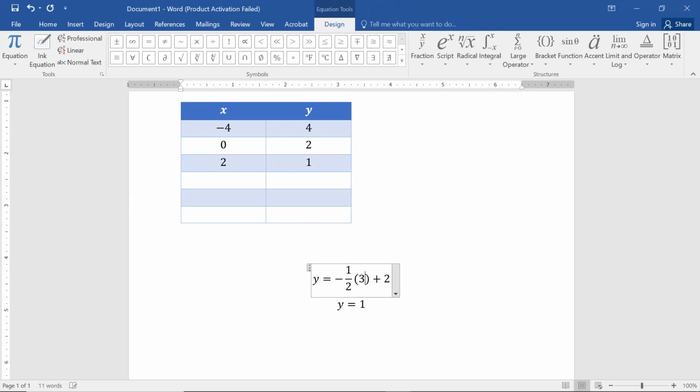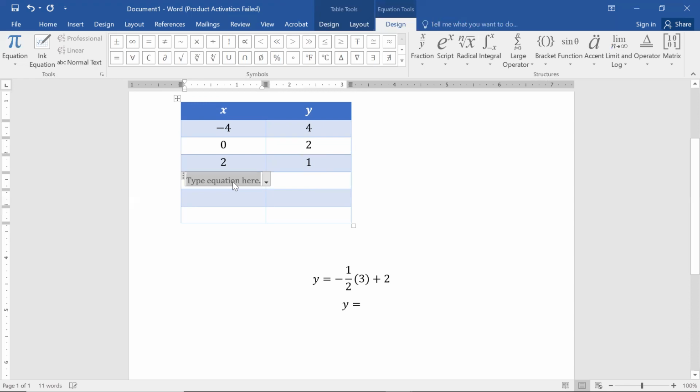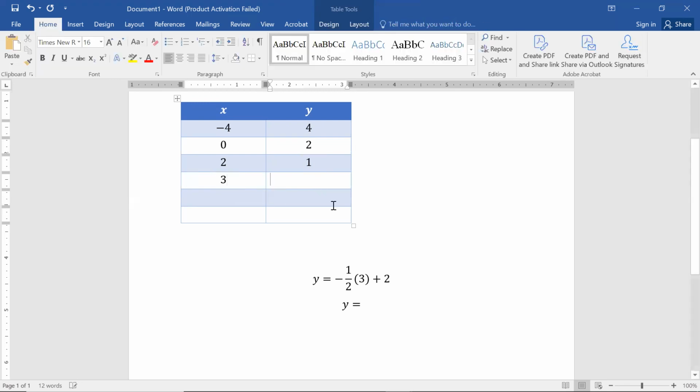If I did plug in an odd number, that's perfectly fine. It's not going to hurt anything. Negative 1/2 times 3 plus 2. So let's plug in the x value of 3. I forgot to write that down. If I plug in an x value of 3, negative 1/2 times 3 plus 2 gives me a 0.5 as my y value, or a 1/2.